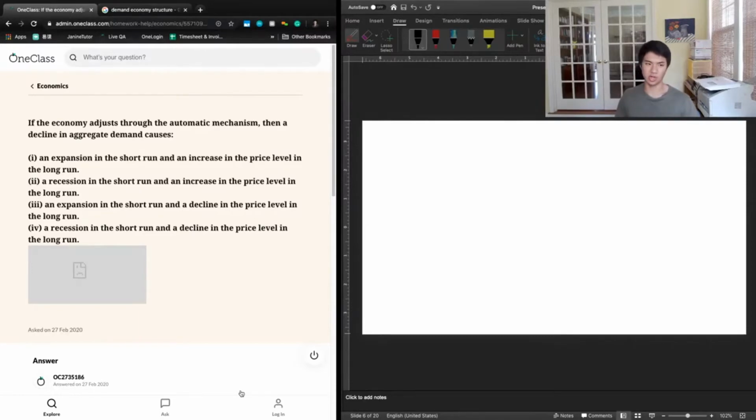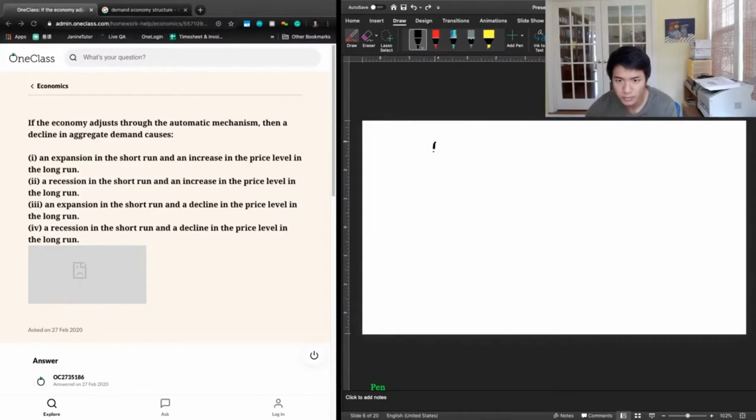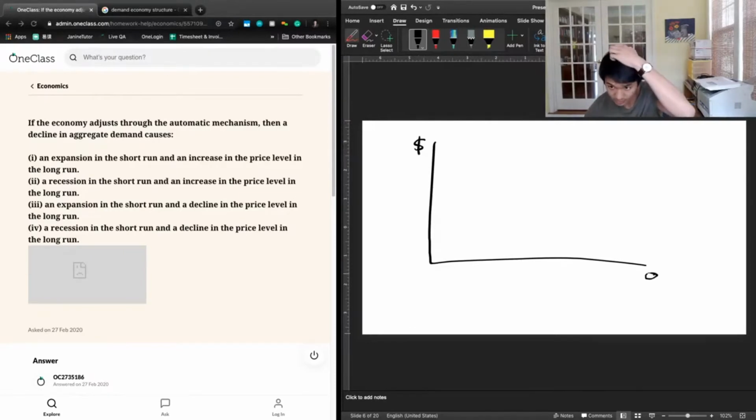Typical mechanisms for adjusting when we're talking about the dynamic aggregate demand and aggregate supply model. The model looks like this. We have our price level, we have our quantity of output, we have our long run aggregate supply, which is a vertical line at potential GDP.